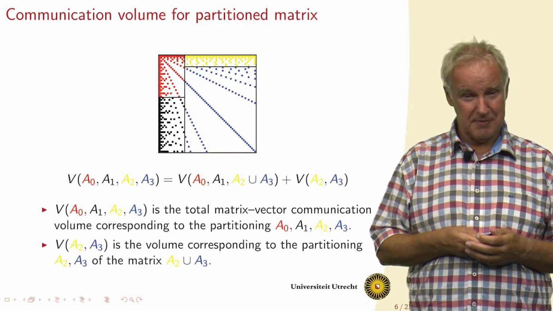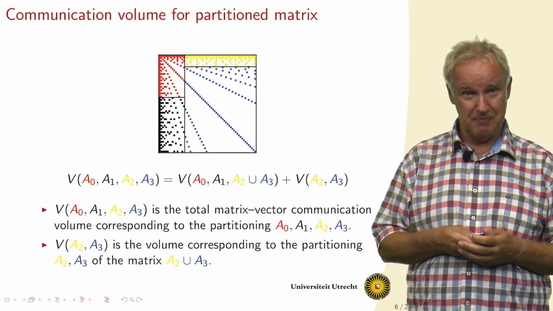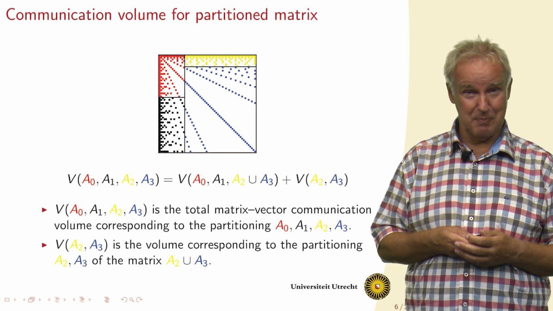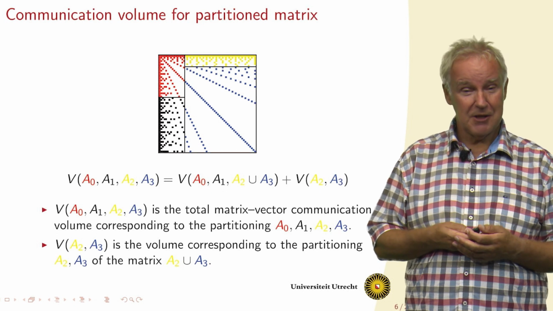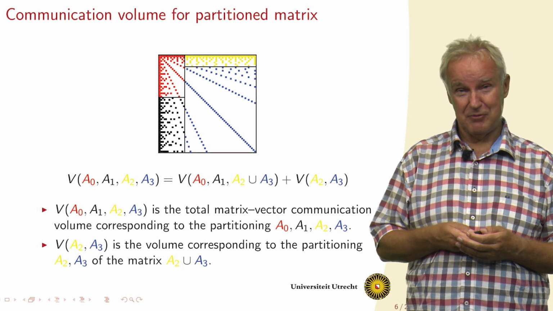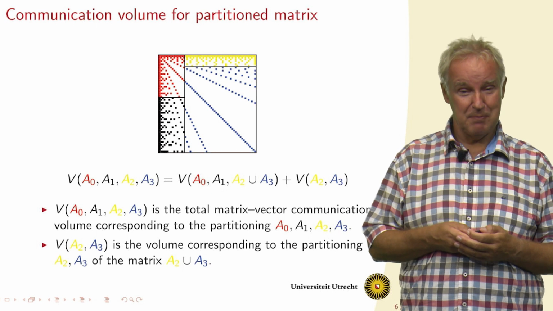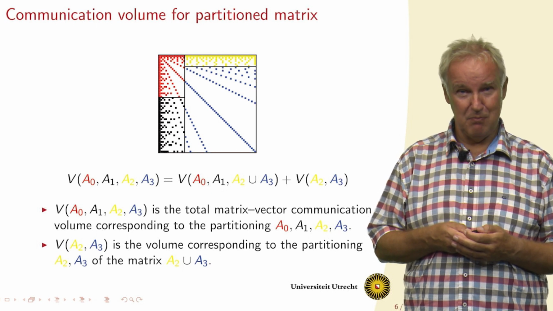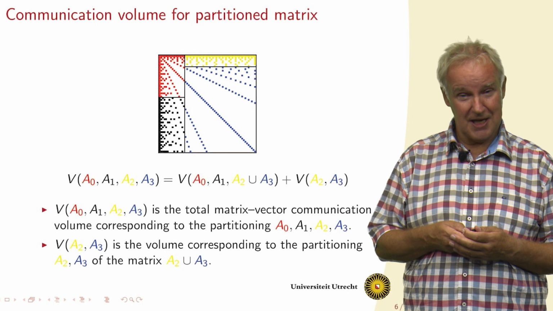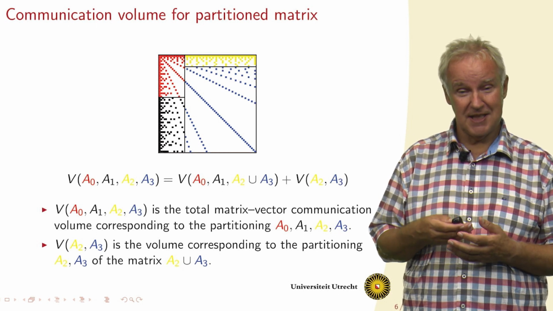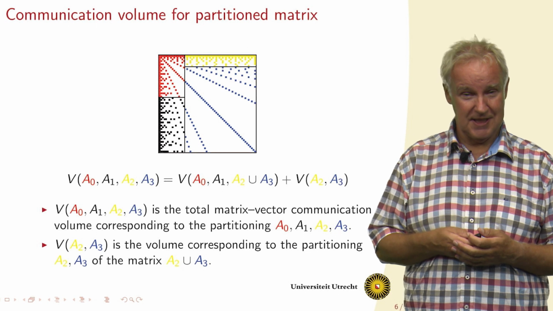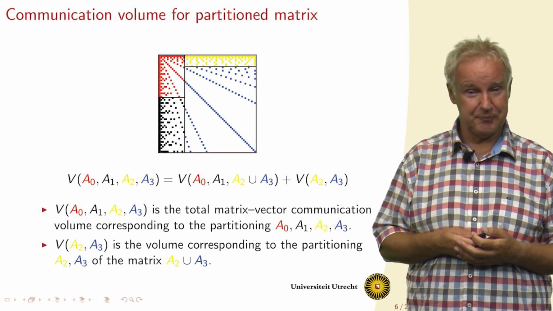And the theorem that we have is that the volume of splitting into 4 parts, the volume of the algorithm, equals the volume of splitting into 3 parts, where we just keep blue and yellow still together, plus the volume of splitting that last part into blue and yellow.